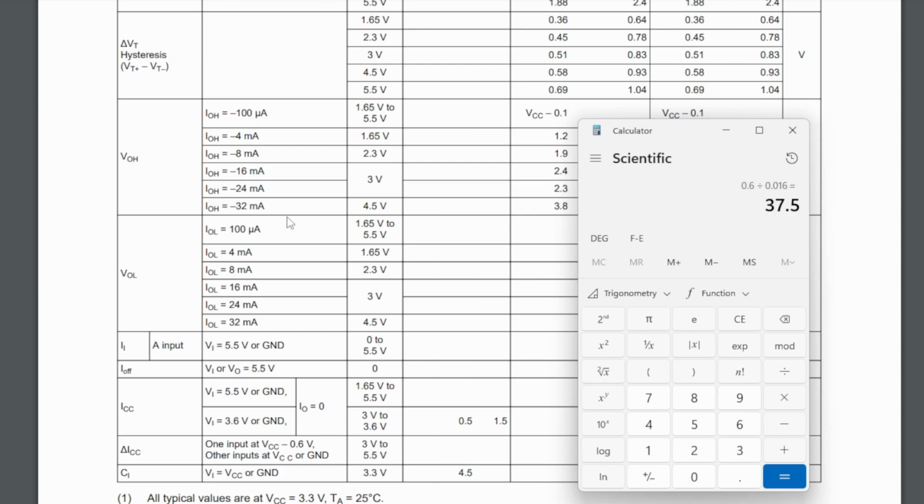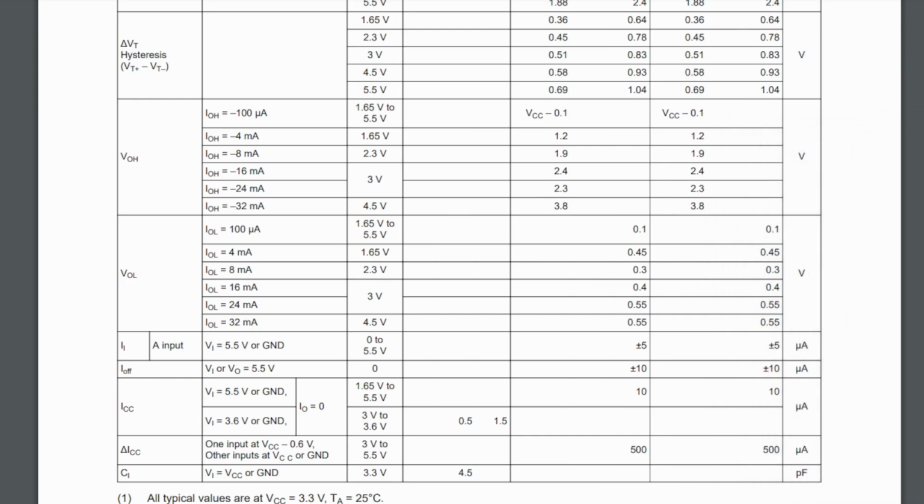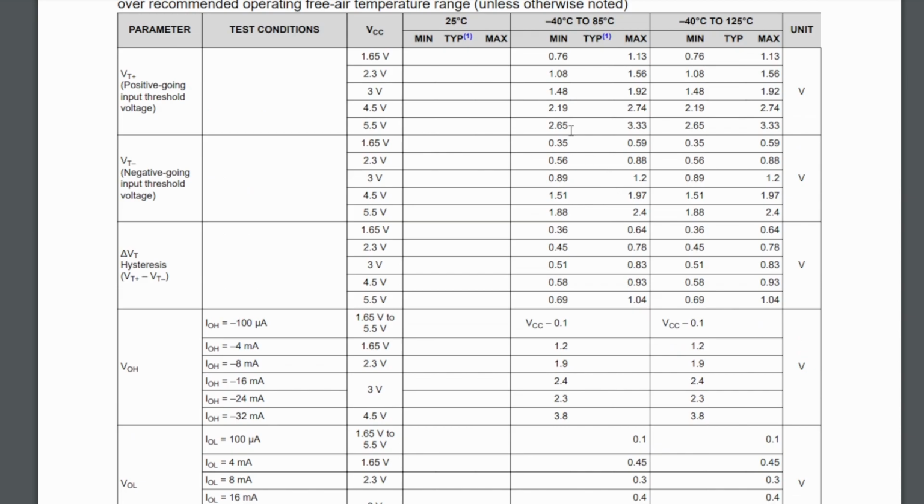The very important thing to remember here is that these numbers are maximums. So whenever we look at this, it says minimum across minus 40 to 85C and minimum from minus 40 to plus 125C. In other words, you should never see this number when you're using your device. This is the worst case, typically with some added headroom to it.